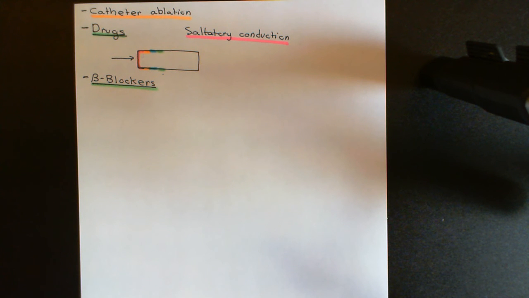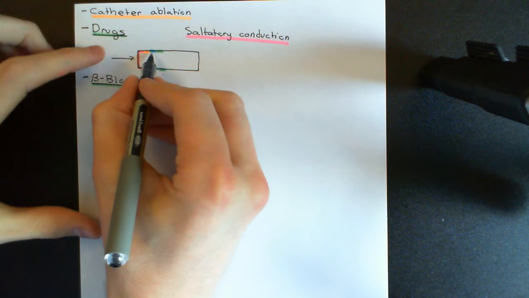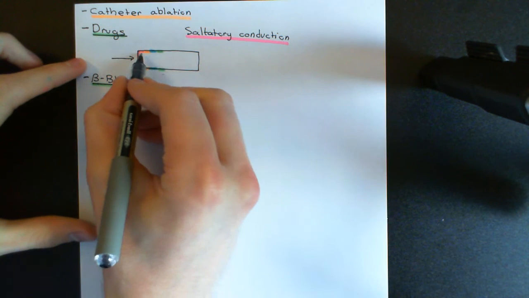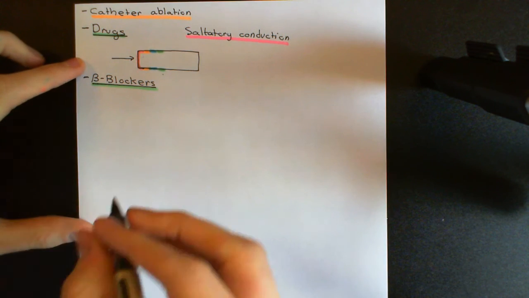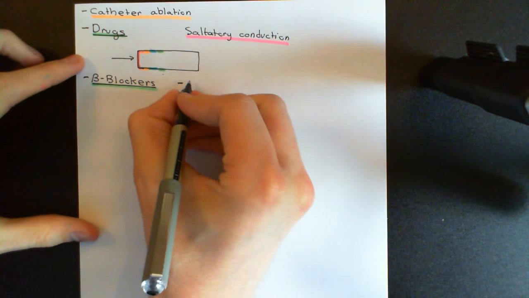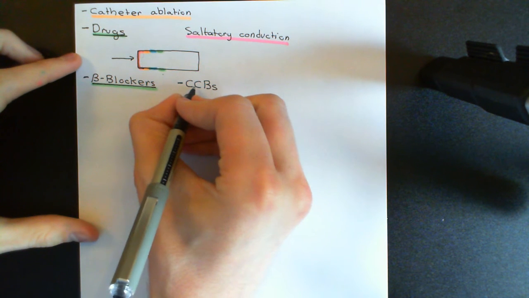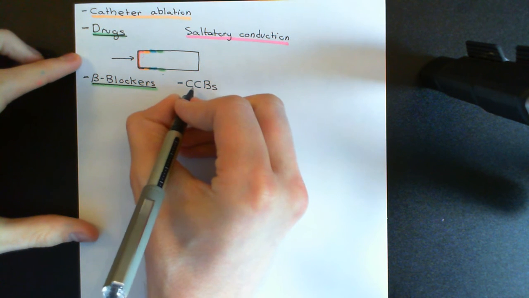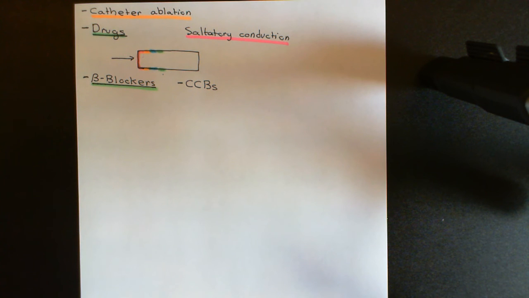Okay, another category of drugs that is also going to slow down the conduction of action potentials along an atrioventricular node cardiomyocyte are the calcium channel blockers, often called the CCBs. Now this is a whole other category of antiarrhythmic drug, and as I say, at the end of the video I will talk about the Vaughan-Williams classification.